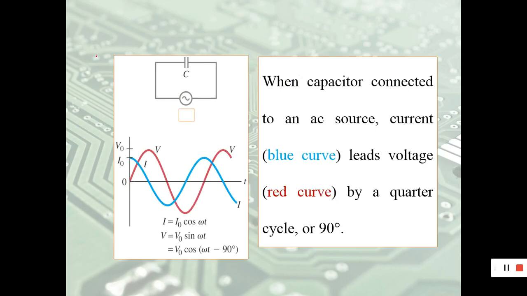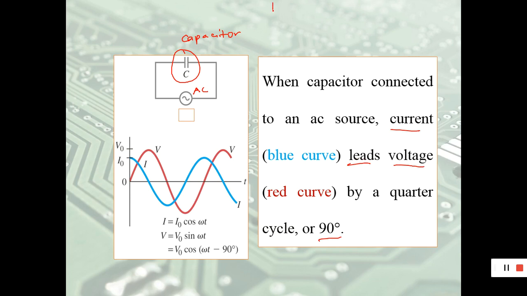And this one, the characteristic of the graph if you connect the capacitor with the AC voltage. When we connect the capacitor to the AC source, you can see that the current leads voltage by 90 degrees.